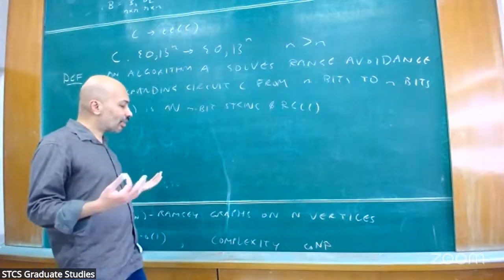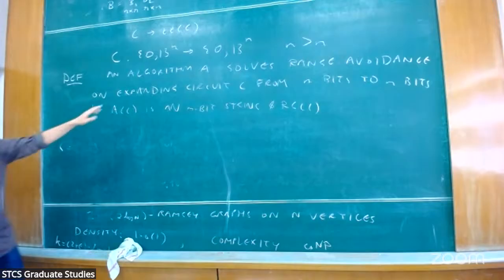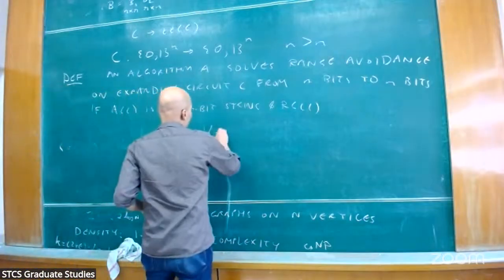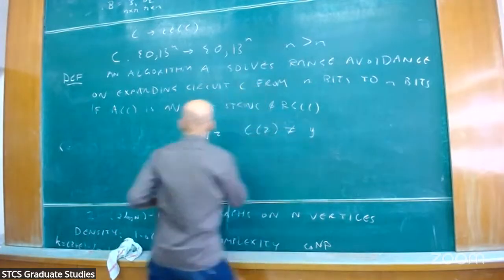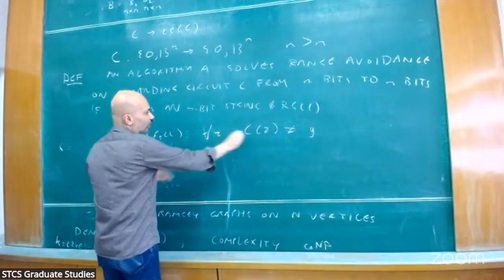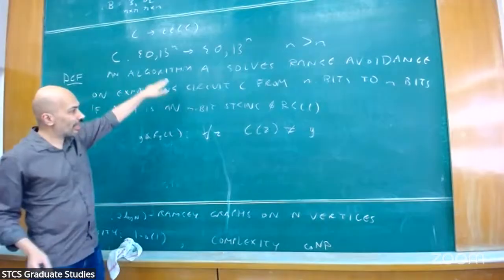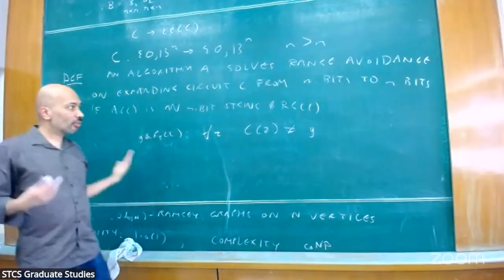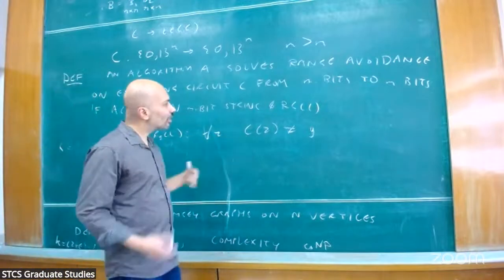It has complexity like co-nondeterministic circuits, right? You just need to check for all z that C(z) is not equal to y. So if you want to check that y is not in the range of C, you just need to universally quantify over z's of length n and then evaluate C. So this is a co-nondeterministic algorithm with advice. The advice is the C.